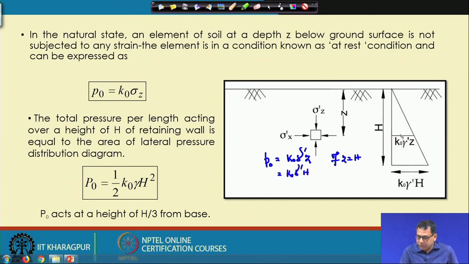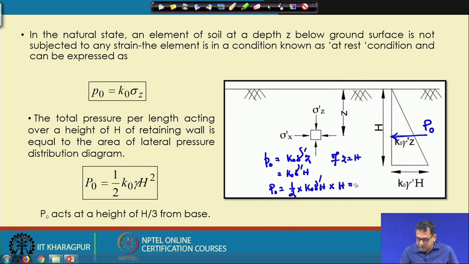So the force that will act, P 0, where small p 0 is the stress, will be the area of this triangle. The area is half into the base, k 0 gamma dash h, into the height h.